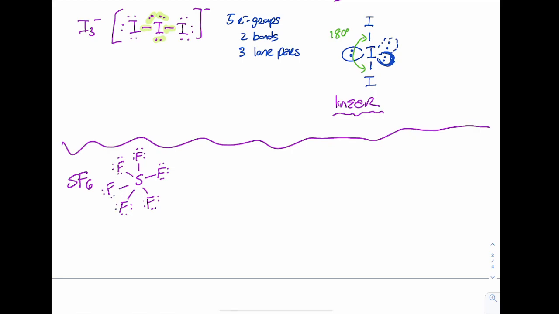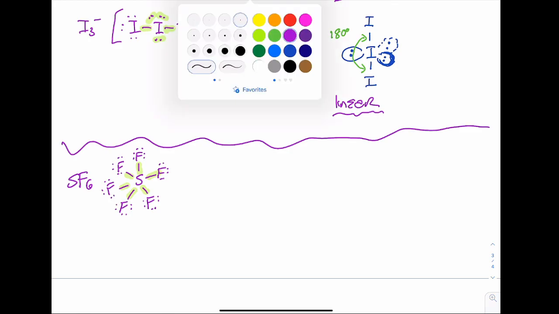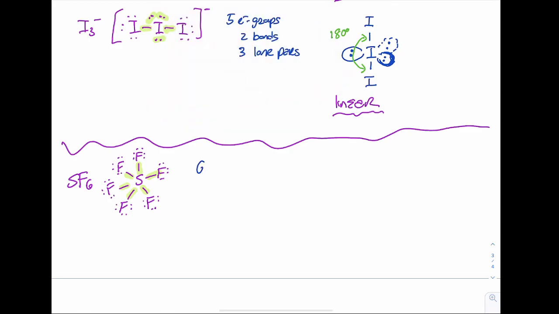It has d orbitals available to it. So if I look, I have 6 electron groups, 1, 2, 3, 4, 5, 6. All of those are bonds, none of them are lone pairs. So 6 electron groups, 6 bonds, no lone pairs.